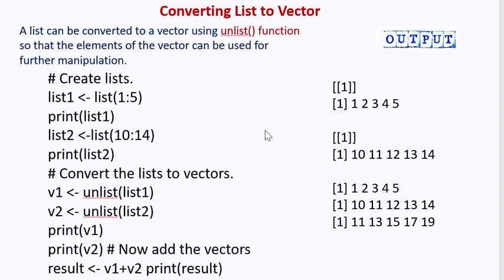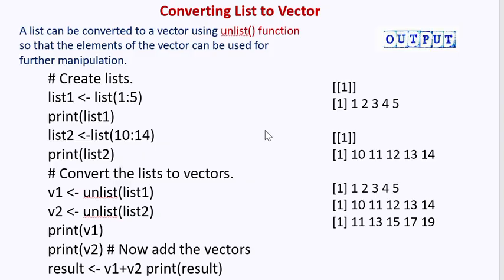When you put 1, it is the starting value, and after this colon, whatever number we mention is the end value. So it creates a sequence starting from 1 till 5, which is similar to mentioning it as a list of 1, 2, 3, 4, 5. So rather than this expanded way of mentioning the data, we can go with this short way of working with the help of a sequence.